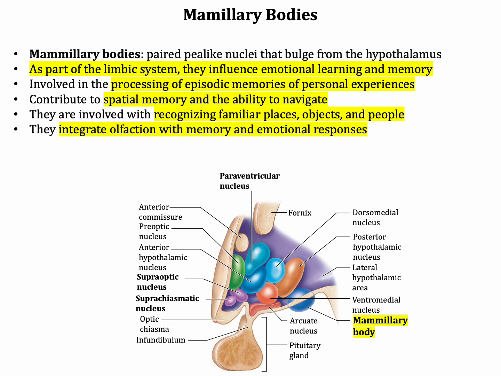They contribute to spatial memory, the ability to navigate, recognition of familiar places, objects, people, and really help to integrate olfaction with memory and emotional responses as well. So, very unique little bodies here that have quite complex function.